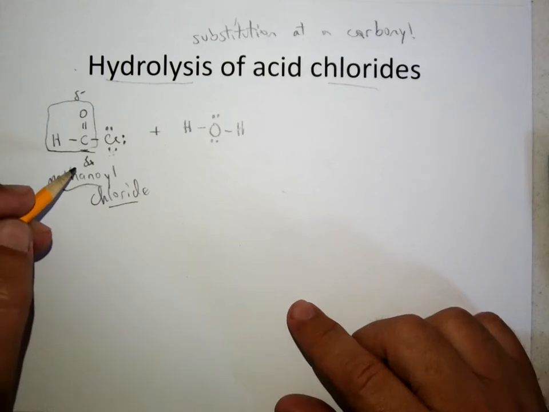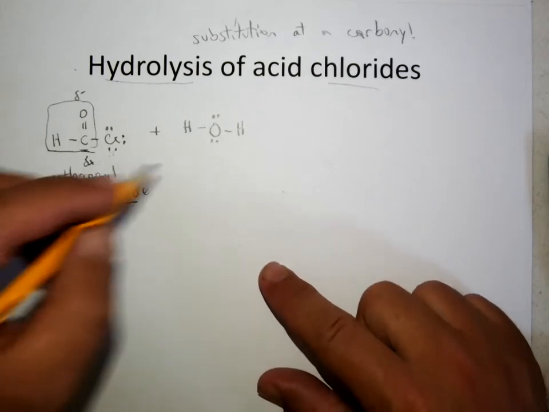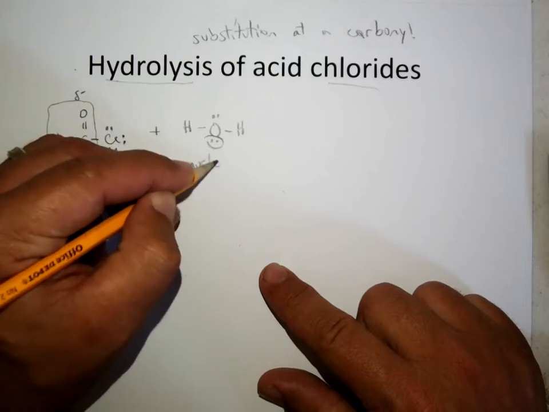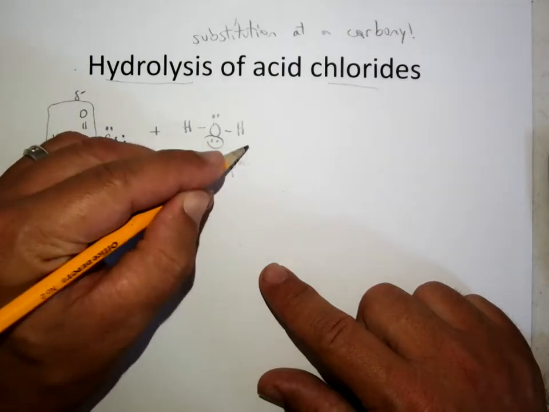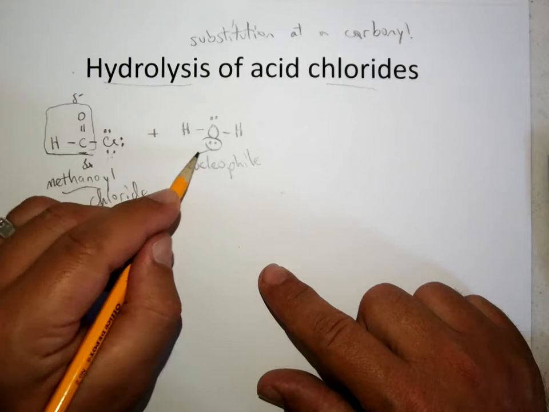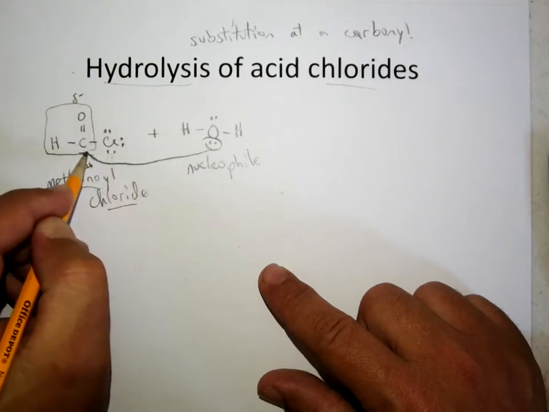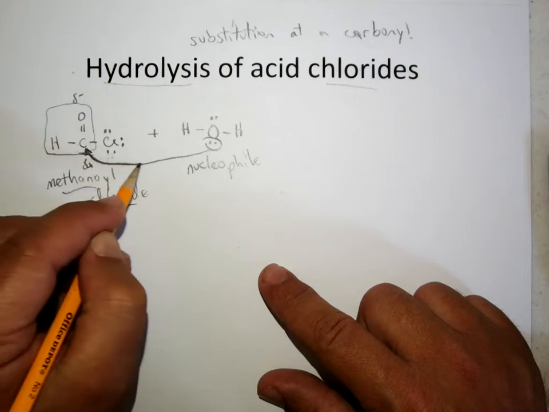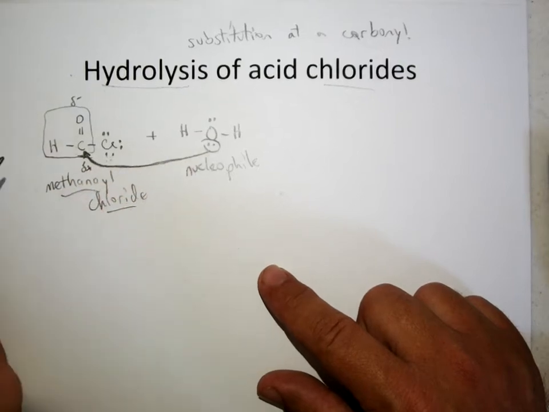And in the mechanism of this reaction, the lone pair of electrons on the nucleophile is going to go find the positively polarized carbon of a carbonyl, and it's going to form a bond to that.